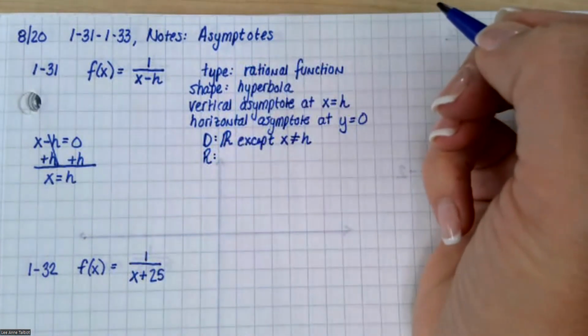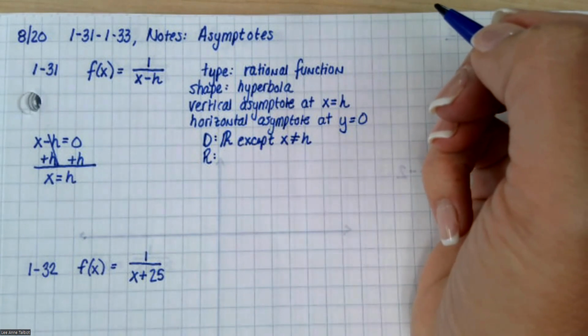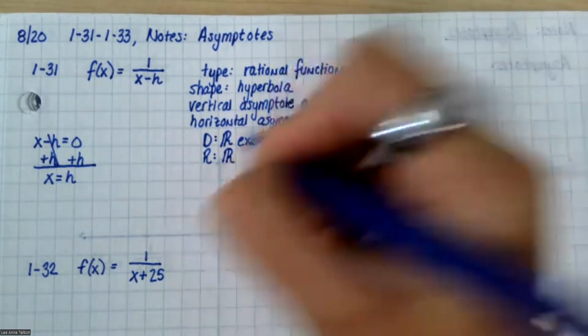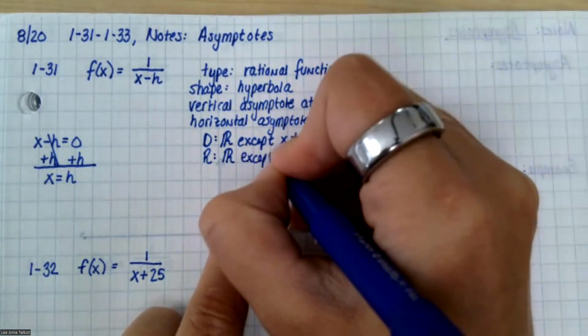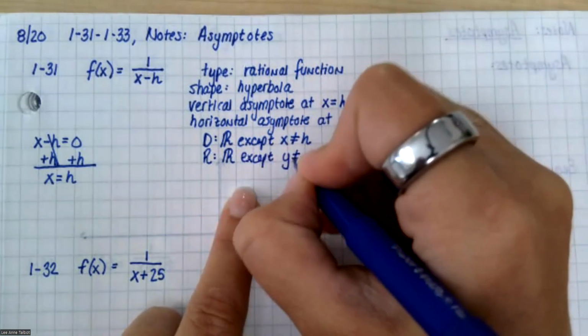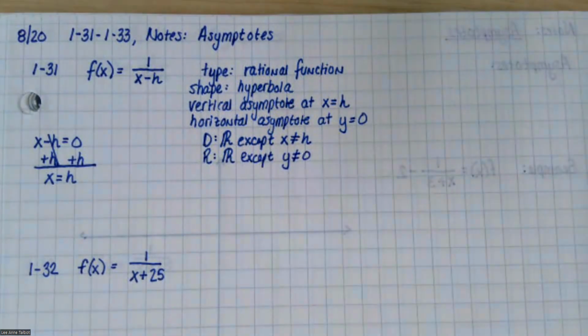The range was everything except where the horizontal asymptote is. Okay, last thing we're going to do in this problem is we're going to draw a little baby sketch.